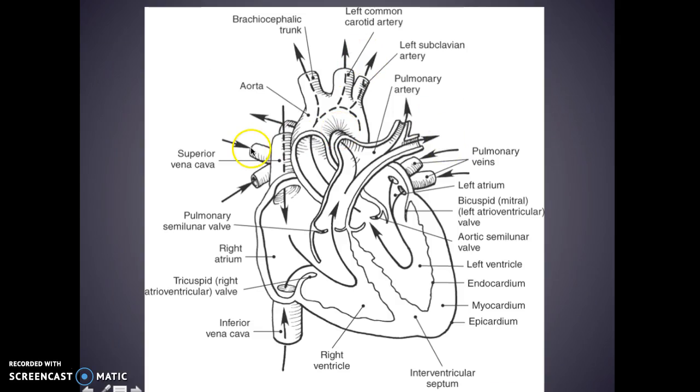So your heart, you're going to have to know the blood flow through your heart. So you have your superior and inferior vena cava that dump into your right atrium.